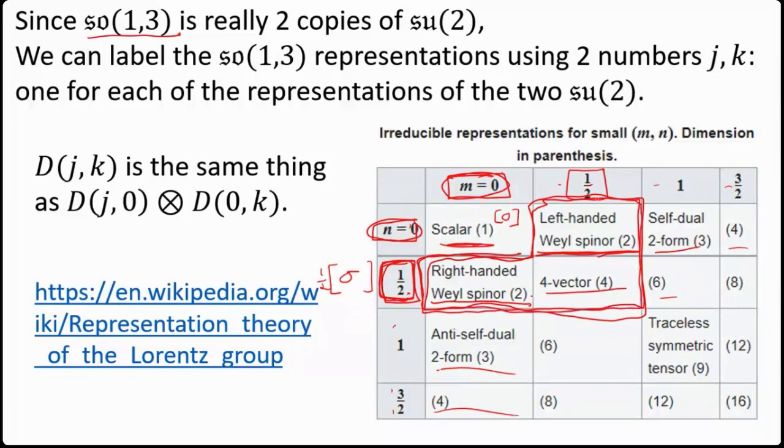But in theory, you can go as high as you want. And basically, this is the spin for the first SU2, and then that's the spin for the other SU2. So they're labeled D(J,K).